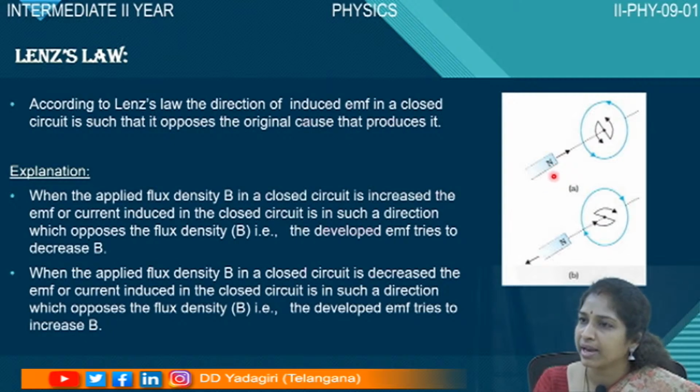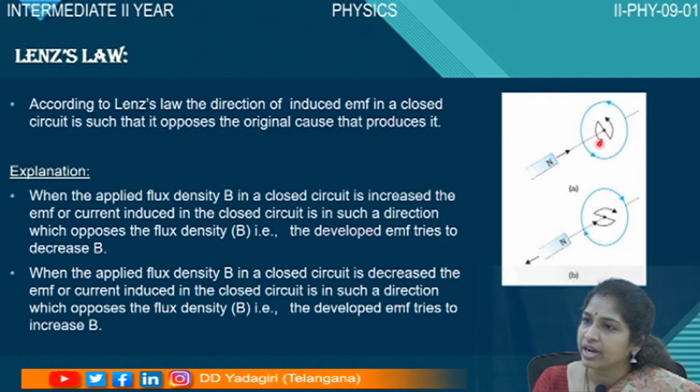See, here there is a magnet, and now this coil is acting like a magnet due to the induced EMF, which further produces the current. So now a north pole is generated. You can see that there is a magnet, north pole facing towards another magnet with its north pole.